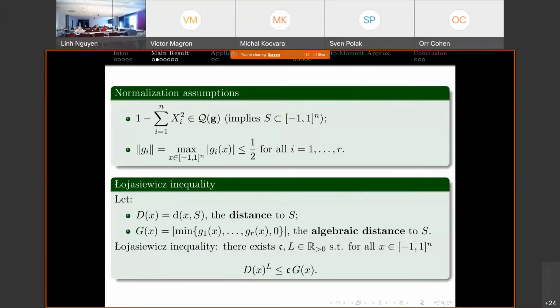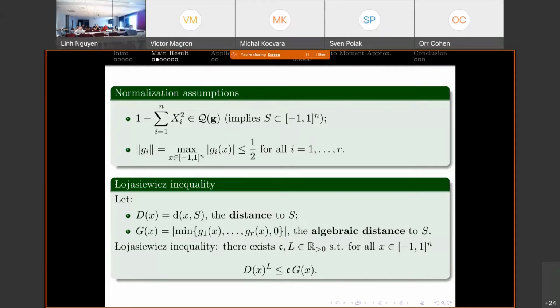So it's important to remark that these two functions have the same zero set. So, of course, if a point x is in S, then the distance between x and S is 0. And also for G, because if a point x is in S, then all the g_i are greater or equal than 0. So this minimum will be 0. And so also G of x will be equal to 0.